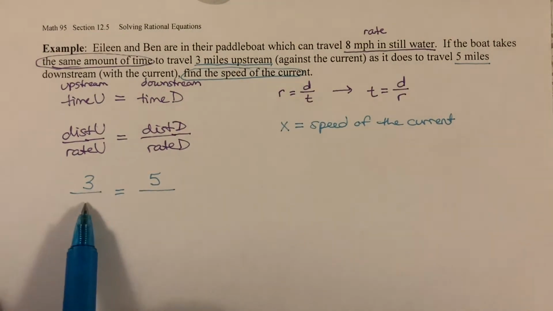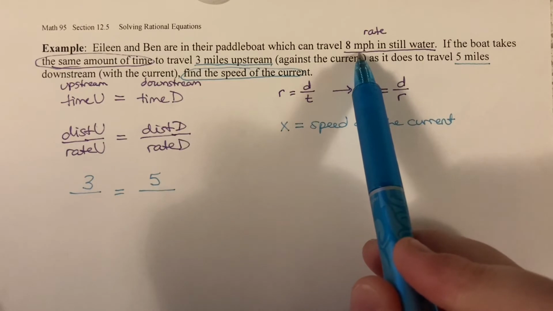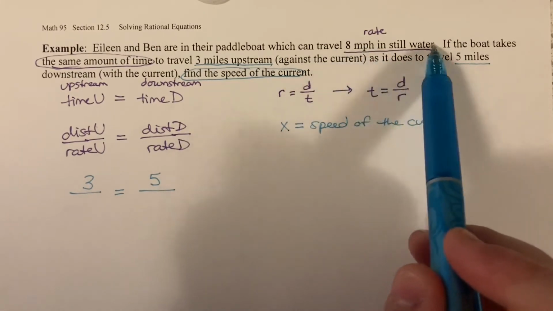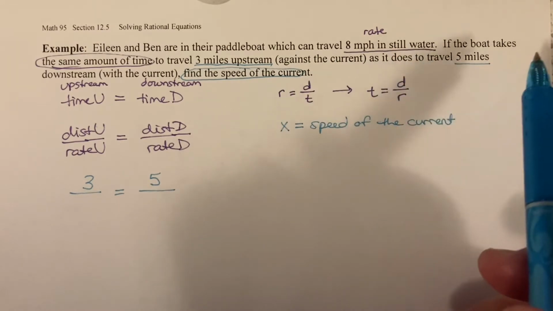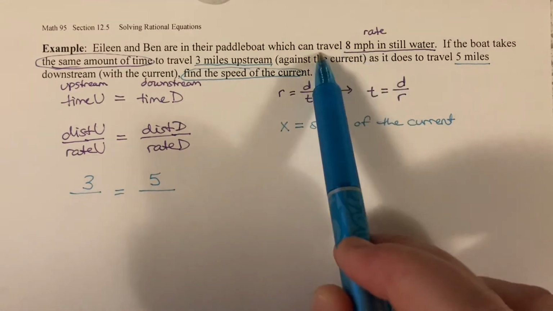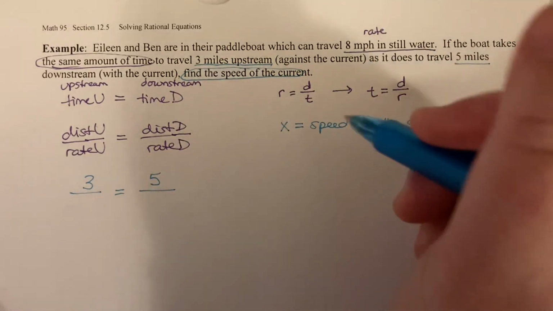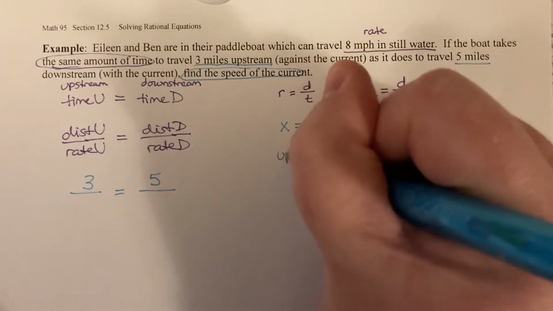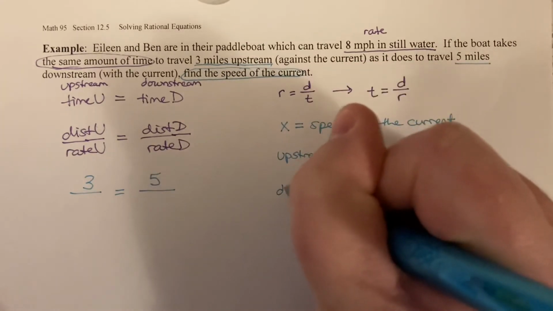So we're going to need some x's in here. I don't even know if we need that. 8 miles per hour in still water, huh? Oh yeah, I think we do. So this boat travels 8 miles per hour in still water. So we have to think about what's going on upstream and what's going on when we go downstream.